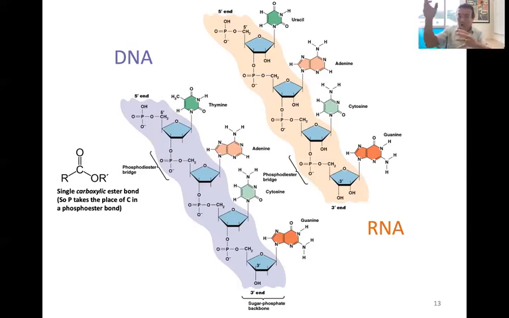So water molecules are released. And so that resulting bond that links the monomers is a phosphodiester bond that involves the phosphate group of one nucleotide linking up with the sugar group of the neighboring nucleotide. Okay.